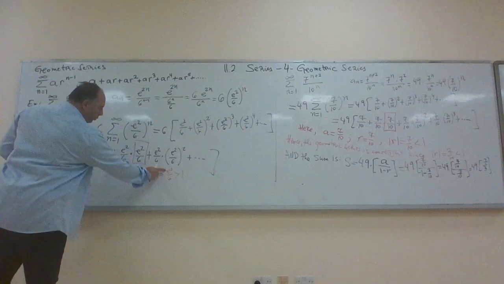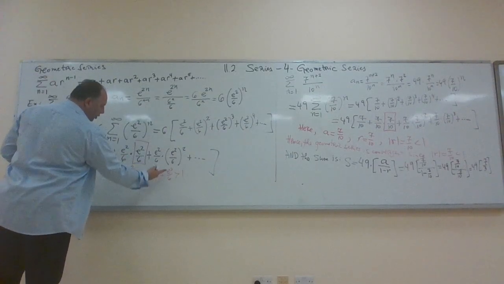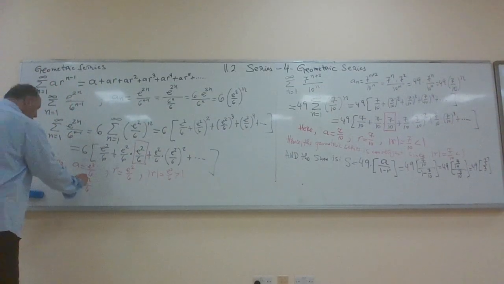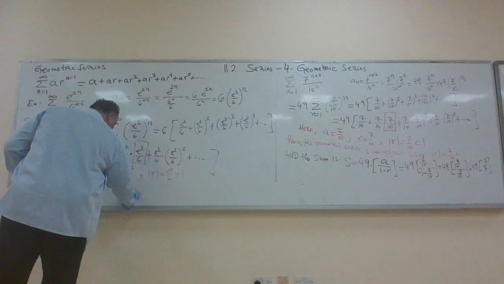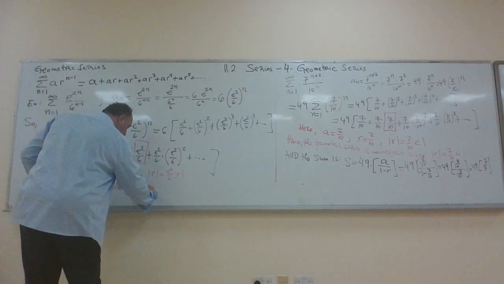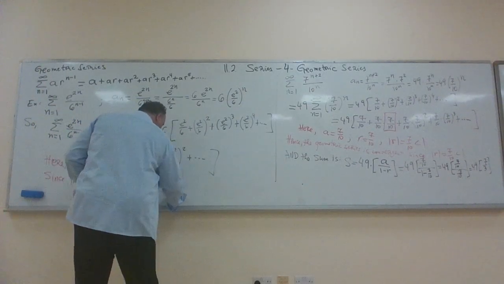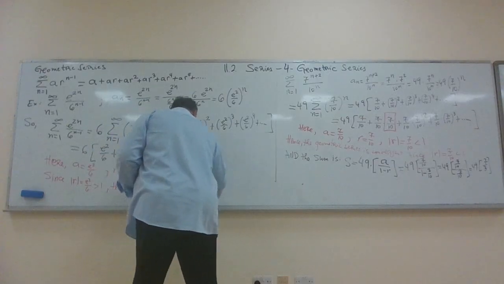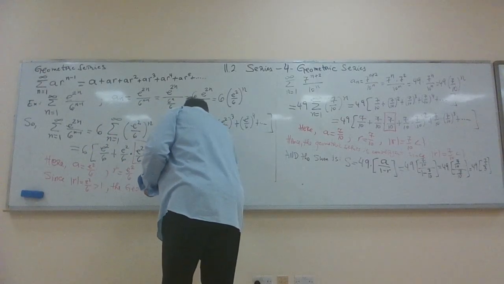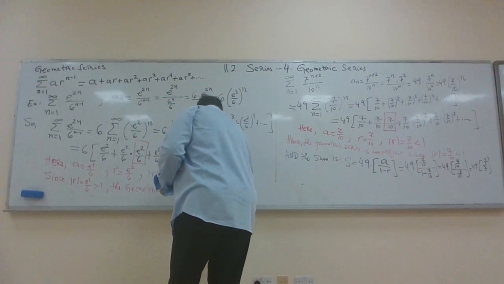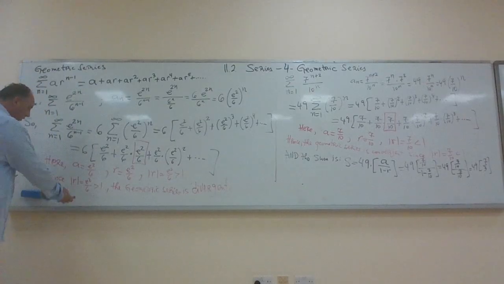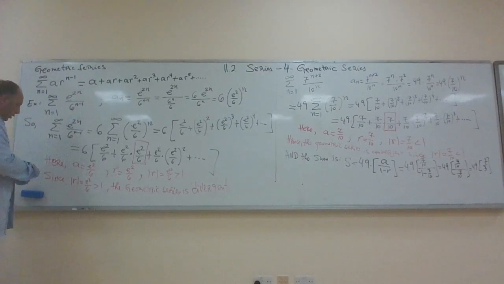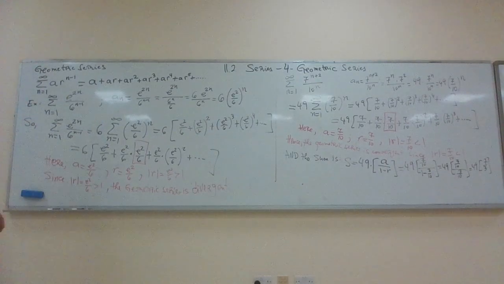Obviously we need to compute this with a calculator just to make sure, but it's 7 point something. So this is bigger than 1. Geometric series is divergent. So there is no sum of this series because the series is divergent. That's the application for the geometric series.